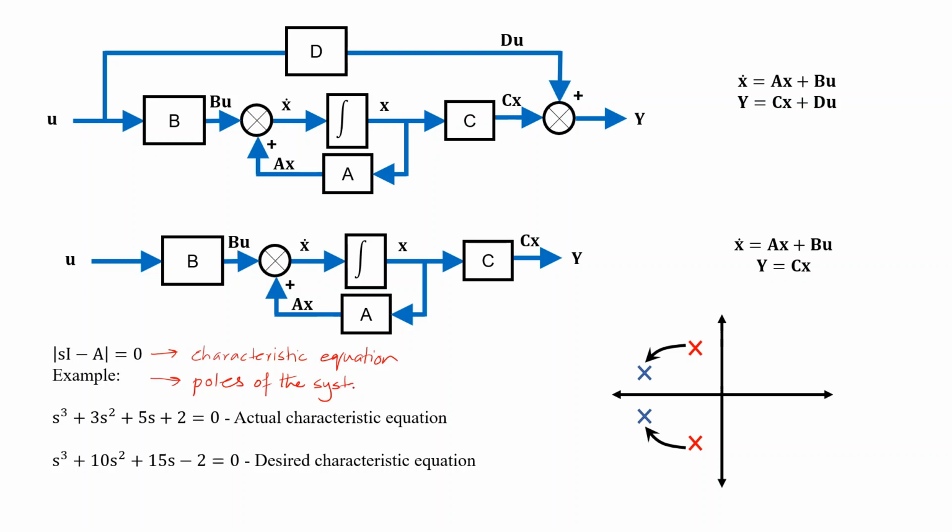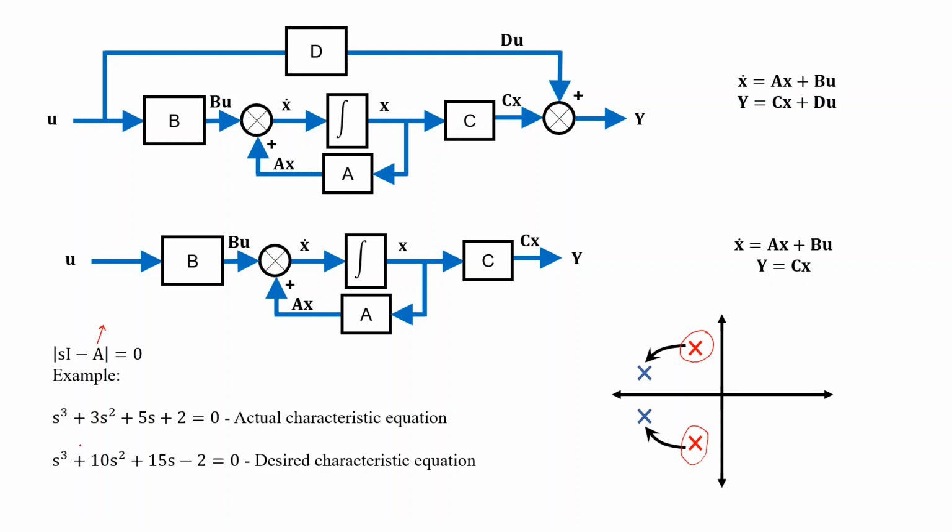So the poles of the system are solutions of the characteristic equation. So for a given system matrix A, there are some poles in the s plane, for example as shown here. So the A matrix will decide where the poles of the system are.